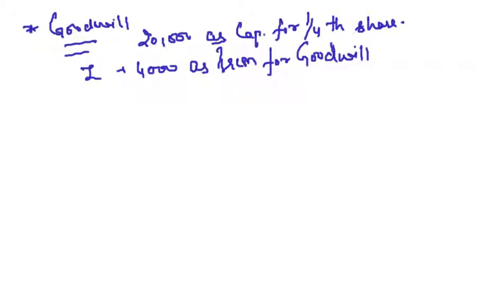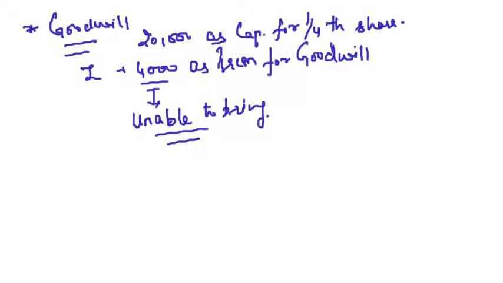Clear? He was to bring 4,000 as premium for goodwill, but he is unable to bring. Now if you remember, in the goodwill we discussed this, that if the new partner is unable to bring his share of premium for goodwill, what is the journal entry? This 4,000 is ultimately to be recovered from the new partner only.